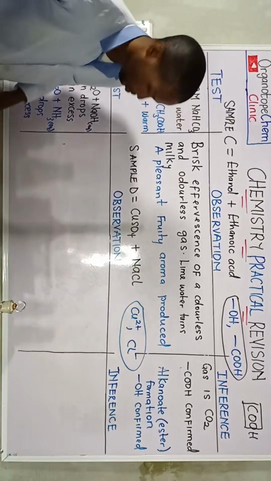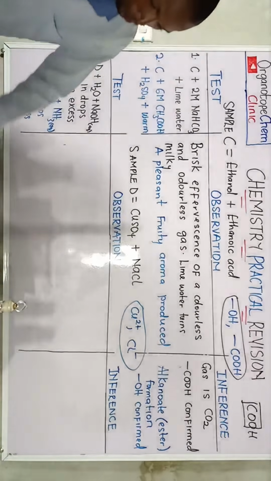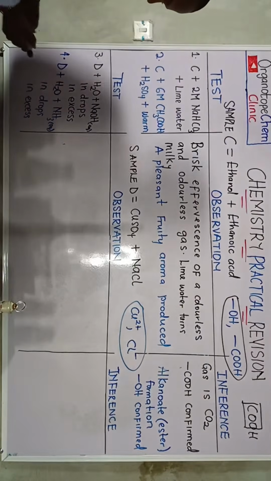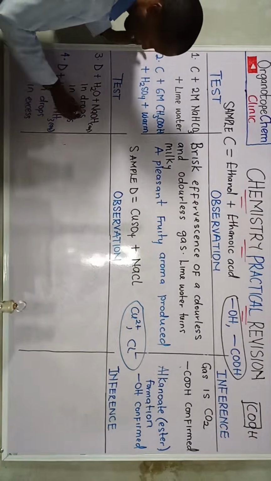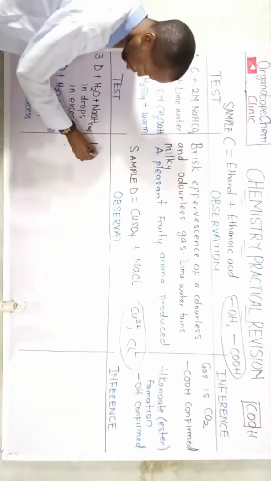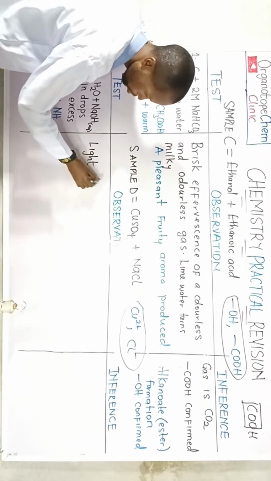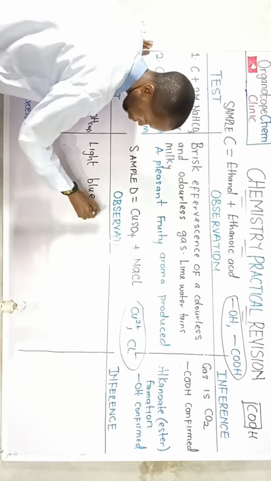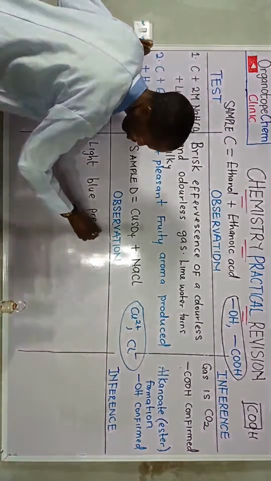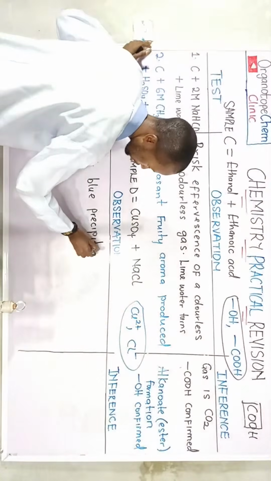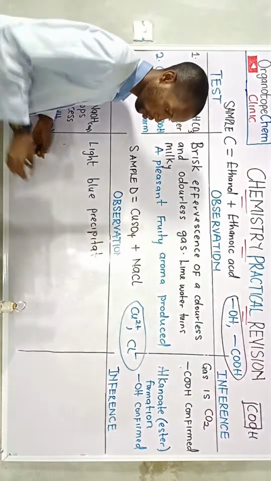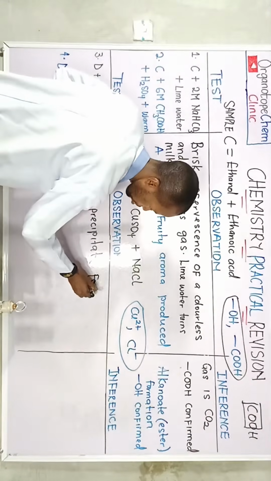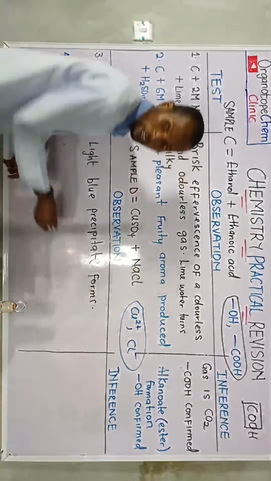We have, for the first test, light blue precipitates. Do not write PPT. You write precipitate in full, precipitates. Okay? Forms. Either you write forms or is formed.